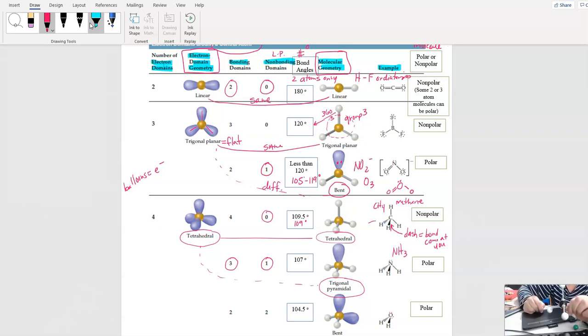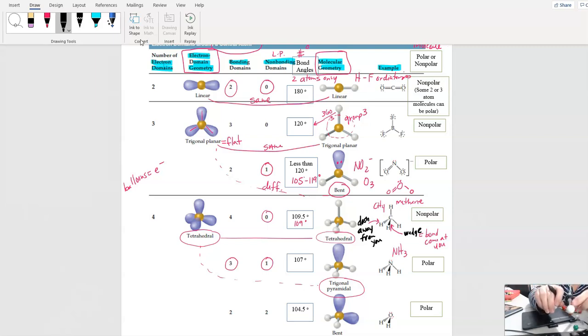I even put the word dash. Sorry, we call those the wedges. I put on the wrong one, sorry. Solid wedges, okay? These are the dashes. So the dashes are going away from you, like in the back of the paper. So one of these would be coming to the side, as you see right here.